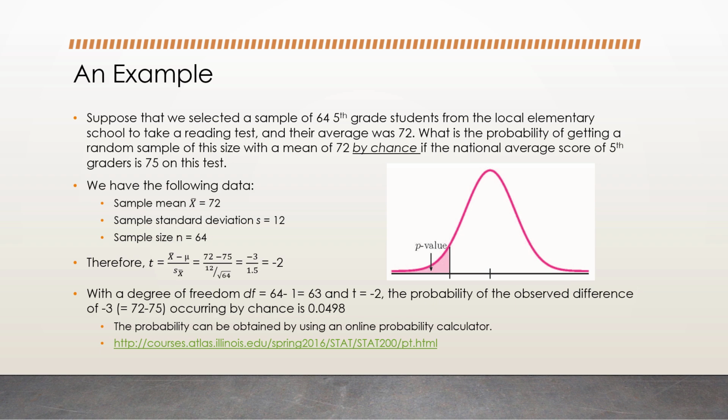So what would you conclude? Is this sample mean significantly different from 75, suggesting it was likely selected from a different population? Or is the difference simply due to random sampling error?